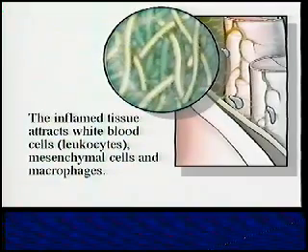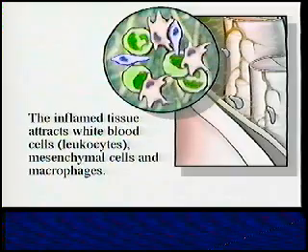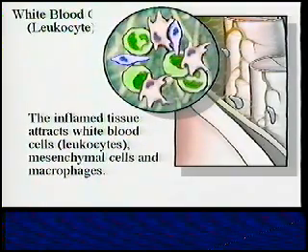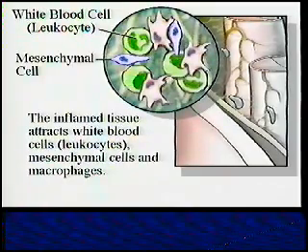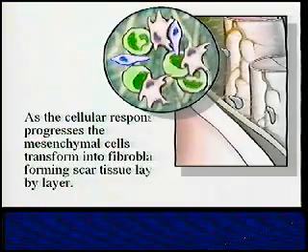The reaction or influence of the dye promotes a secondary response. This is an inflammatory response. Initially composed of white blood cells, leukocytes, mesenchymal cells, and macrophages. These are the cells that ingest or attempt to ingest foreign bodies.